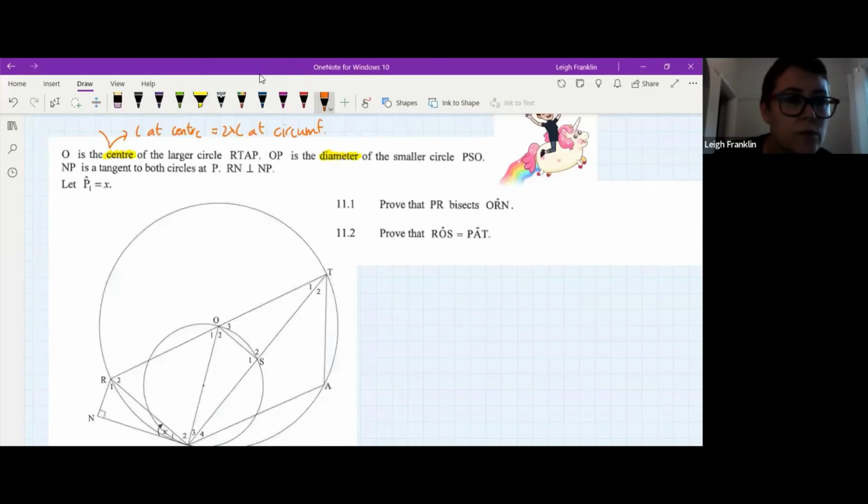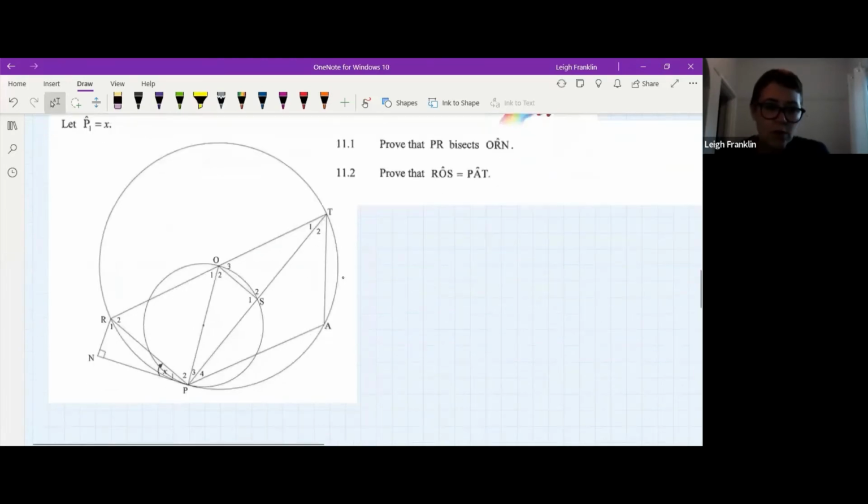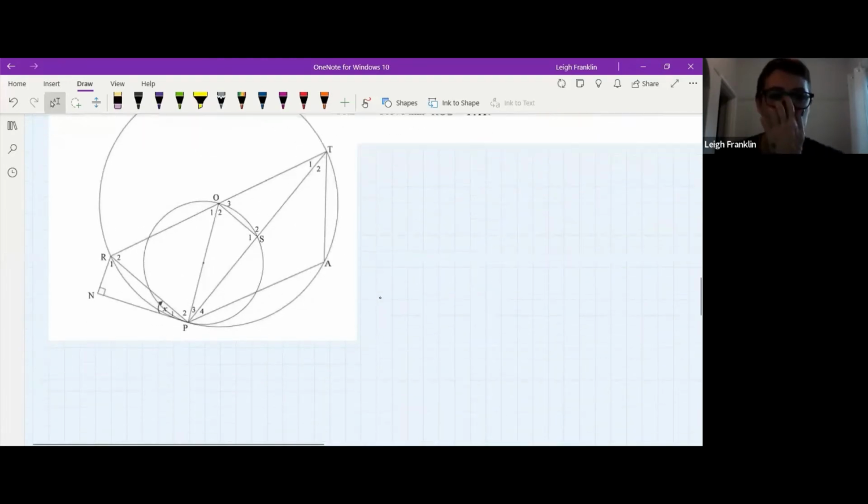So the word center also means radii. What does the word diameter mean to you guys? Ah, there we go. Angle in a semicircle. I quite agree. Angle in a semicircle. Absolutely. All right, so now that we've read that, OP is the diameter of the smaller circle. So if OP is the diameter of the smaller circle, which angle is equal to 90 because of angle in a semicircle?